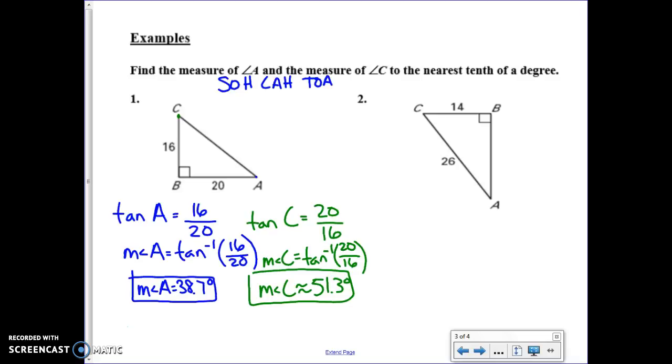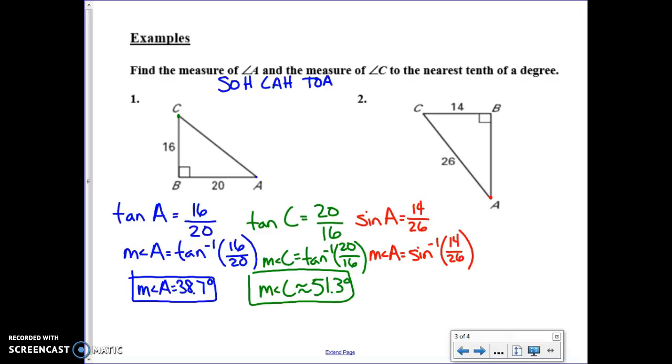Okay, so then I'm going to start again at angle A here. From angle A on number 2, I have the opposite is 14, and the hypotenuse is 26. Opposite and hypotenuse is sine. So I have the sine of angle A is equal to 14 over 26. Then the measure of angle A is equal to the inverse sine of 14 over 26.